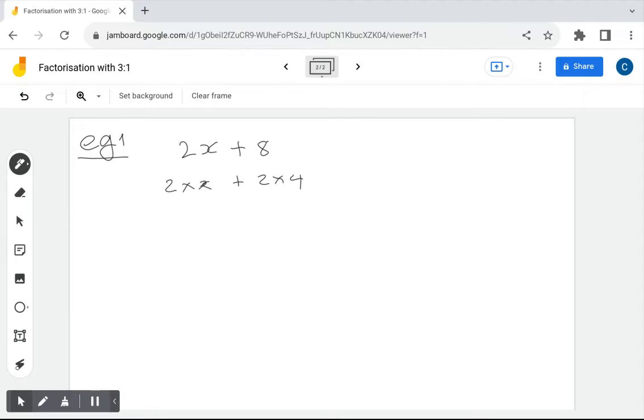So you put 2 outside the brackets, open brackets, and write what is left, which is x plus 4. So 2 is a factor, x plus 4 is also a factor. And if we multiply those two factors together, we'll get back 2x plus 8.